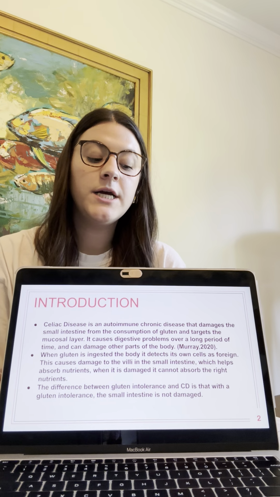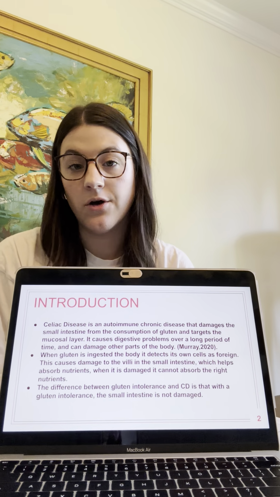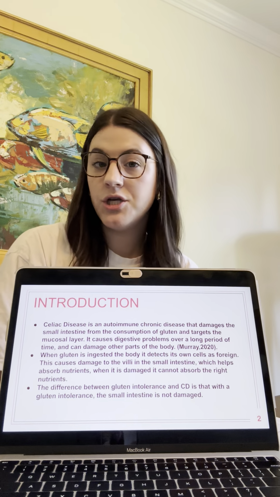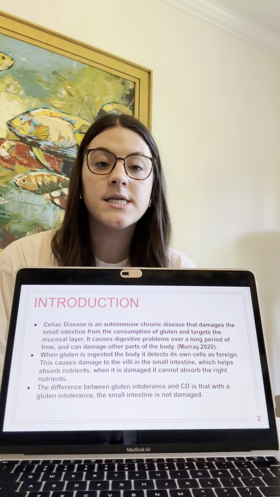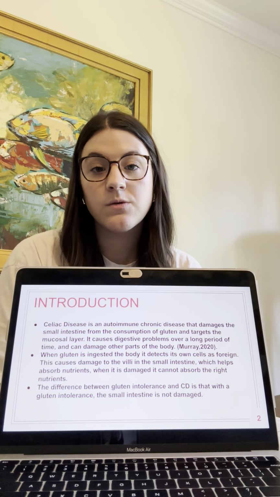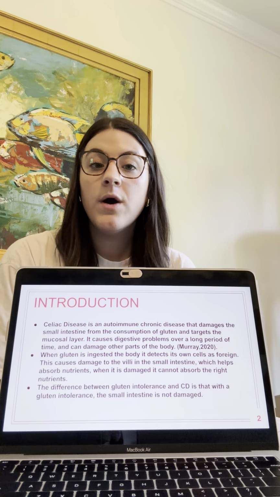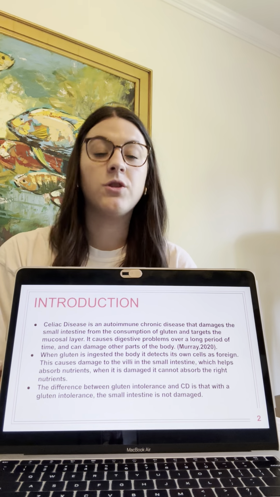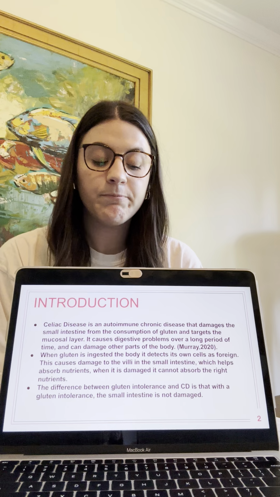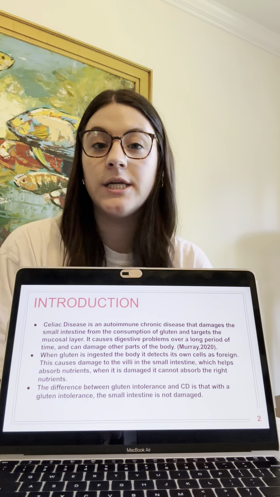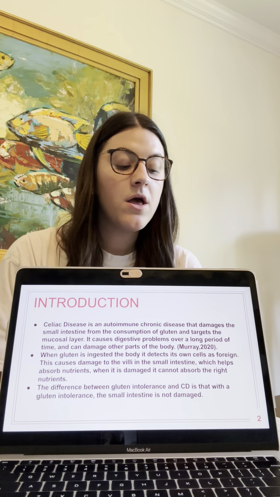When gluten is ingested, the body detects its own cells as foreign, and this in turn causes damage to the villi of the small intestines. The villi are used to absorb nutrients when things are digested. So if these villi are damaged, then they cannot absorb the right nutrients that the body needs, and the person becomes malnourished, dehydrated, anything like that.